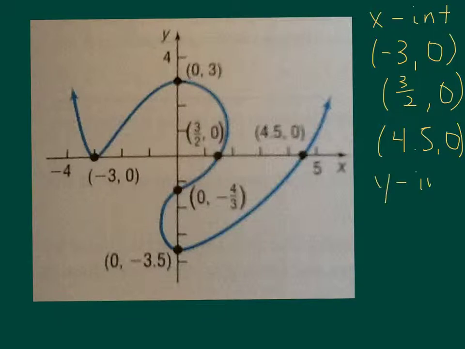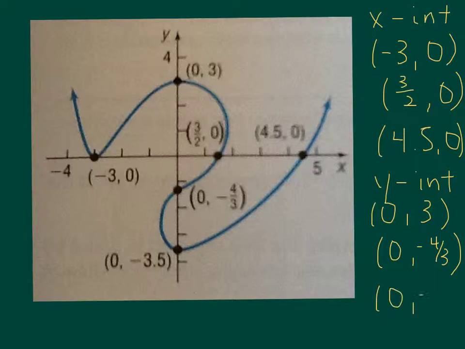And your y-intercepts would be 0, 3, 0, negative 4/3, and 0, negative 3.5. Notice that these all start with a 0. This is because when you have a y-intercept, the x must be 0. And when you have an x-intercept, the y must also be 0.